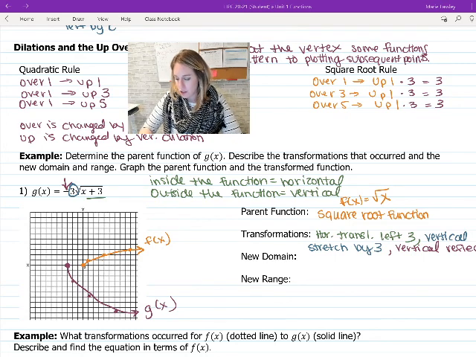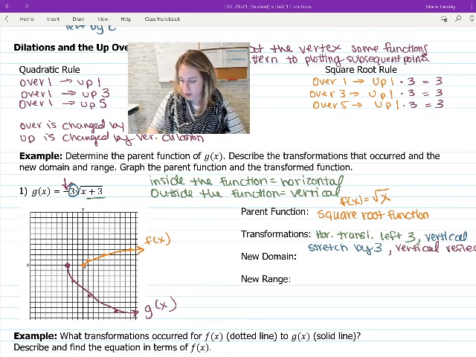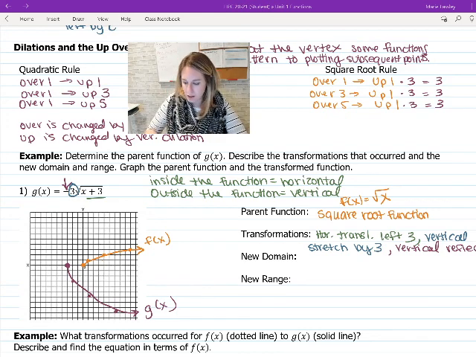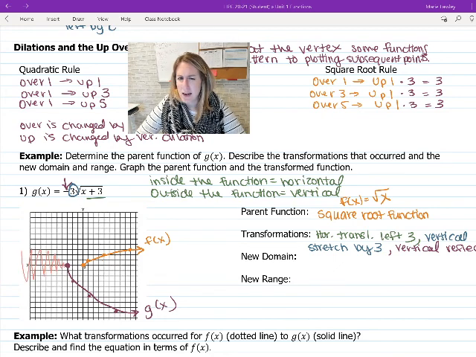Okay, so new domain and new range. Remember we said domain, this is what x cannot be. We know that whatever is inside, underneath that square root cannot be a negative number. But we can also just look at our graph, right? Look at where x's start. We don't have any x values on this side of that point.